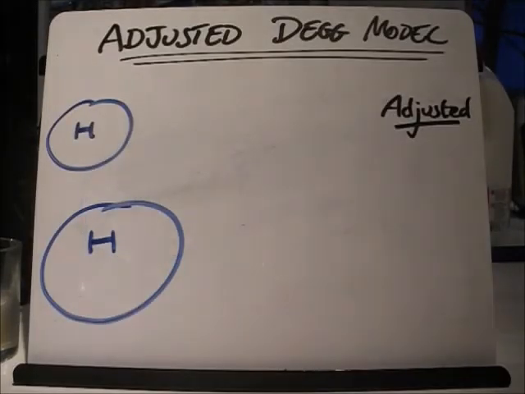So what we have here are two hazards. Now, in order to adjust the Degg model, we can actually adjust the size of the circles in the Venn diagram that the model uses. The Venn diagram, of course, being the two circles overlapping. If we adjust the size of the hazard and the vulnerable population and the amount of overlap, we can use it as a comparative tool.